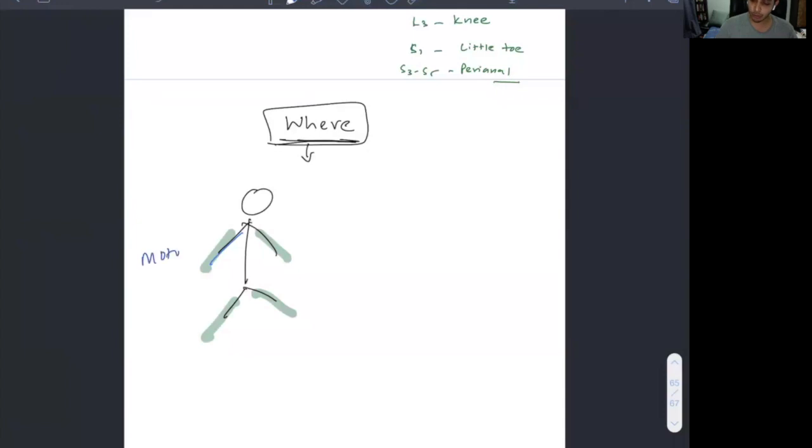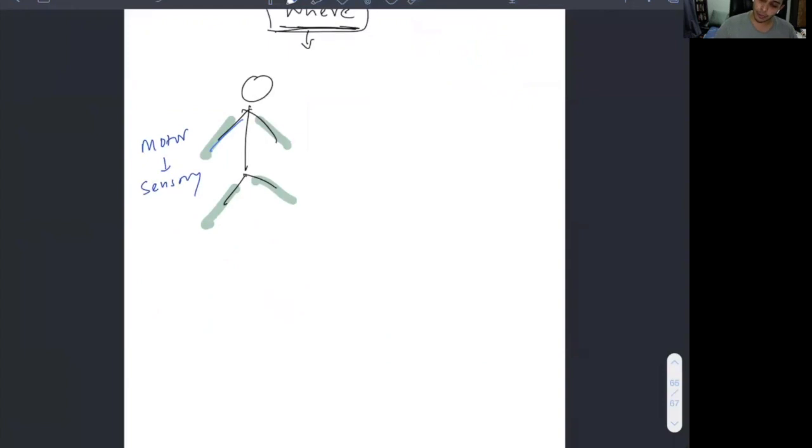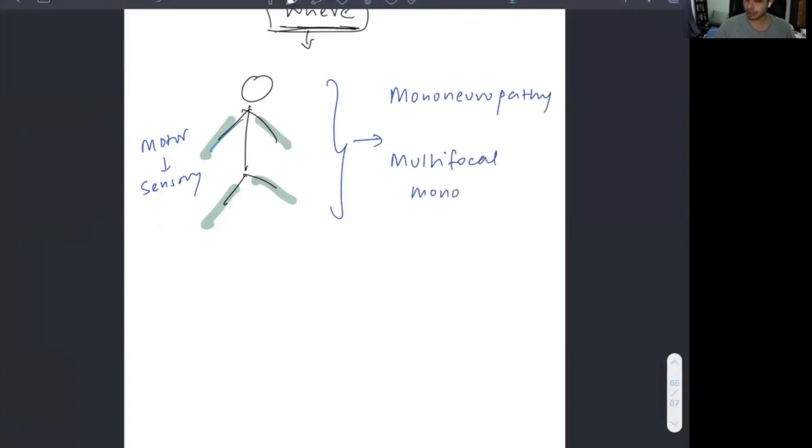Is it a pure motor, or a sensory, or a mixed? So what this will ultimately give you is that you can tell if it is a mononeuropathy, a multifocal mononeuropathy, or a polyneuropathy.